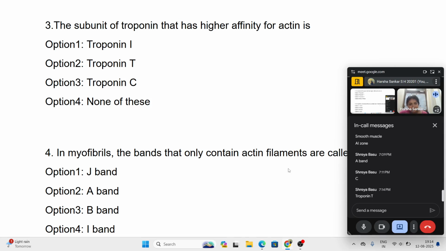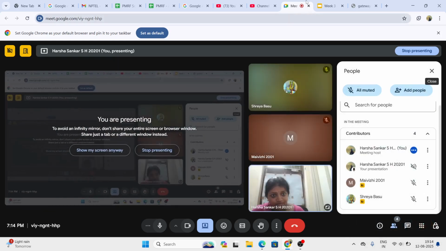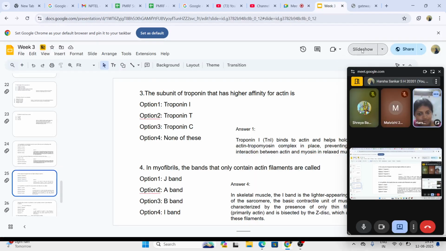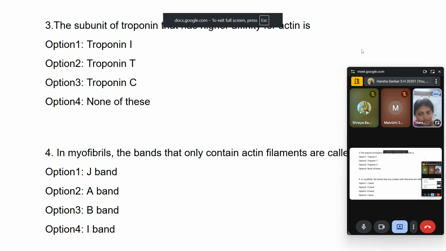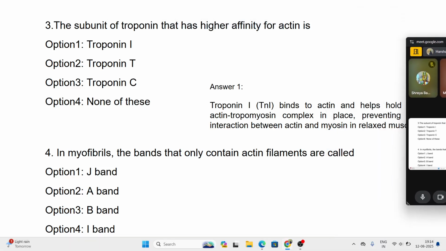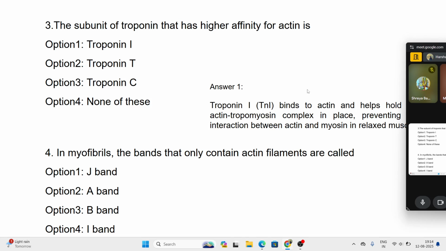Correct answer is troponin I. Okay. Troponin I is the subunit that can bind to actin and helps hold the actin-tropomyosin complex in place, preventing the interaction between actin and myosin in relaxed muscle.